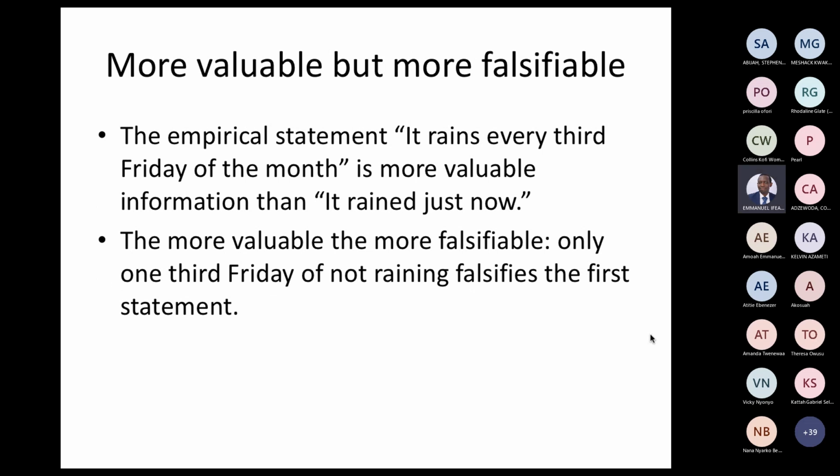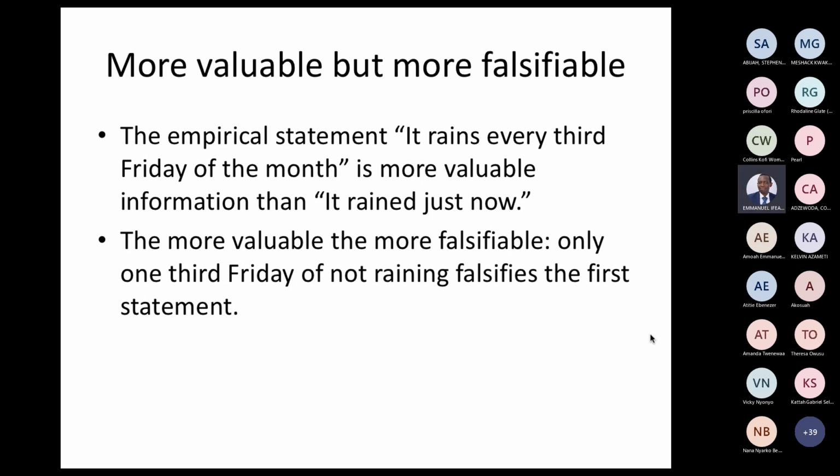Now, the more valuable an empirical information, the more falsifiable it is. So, the empirical statement, it rains every fourth Friday of the month, is more valuable information compared to the statement, it rained just now. If someone tells you it rains every fourth Friday of the month, it can help you to make more arrangements to avoid rains compared to the empirical information, it rained just now.